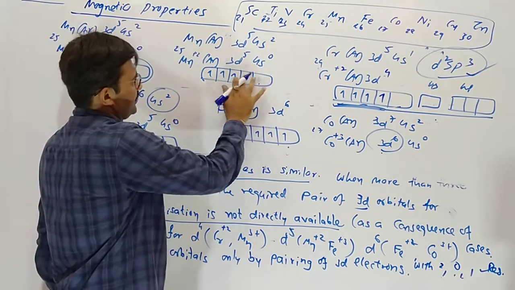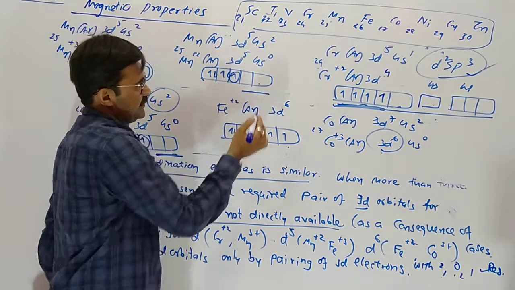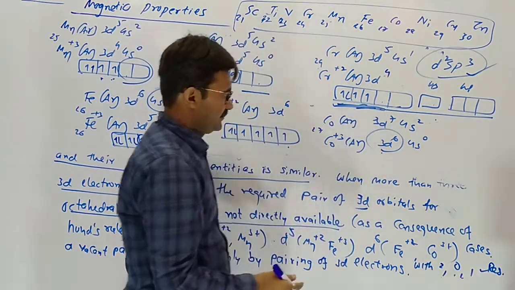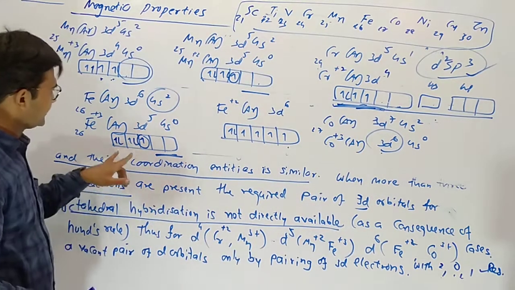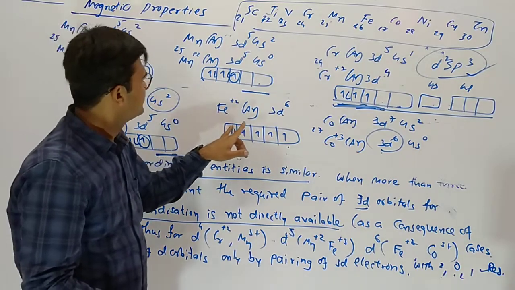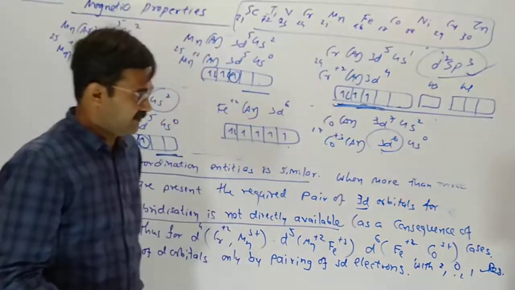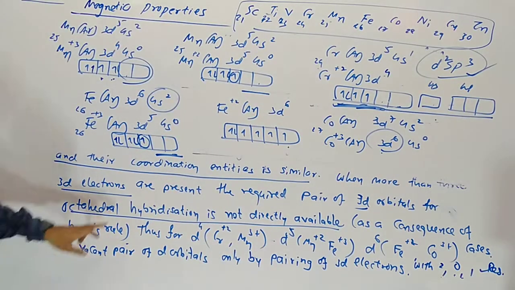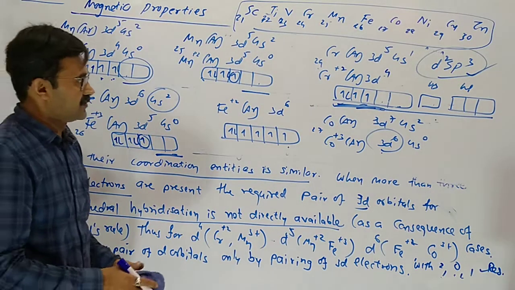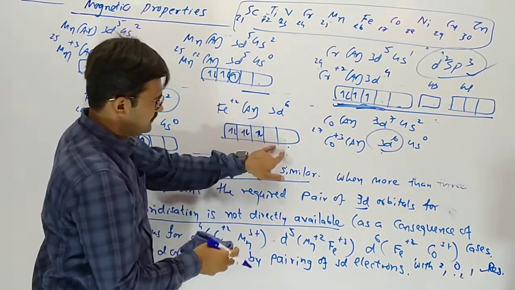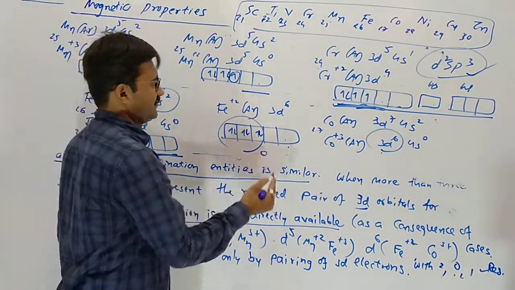Here 2 electrons coming here, 1 unpaired. Here coming here and 2 unpaired. So on pairing there should be 0, 1 or 2 unpaired. Here 2 come here, so 0 unpaired.